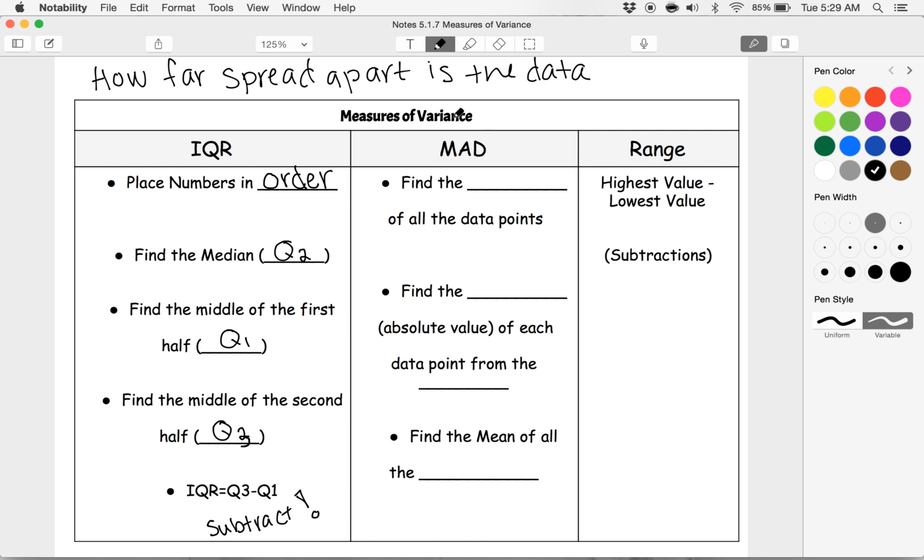Okay, next we're going to talk about mean absolute deviation, also known as MAD. So first, we're going to find the mean of all the data points. Remember, that's also called the average.